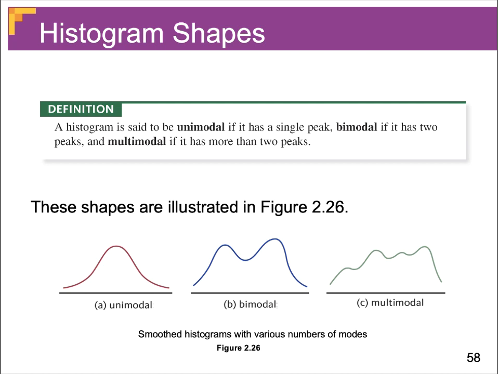Not that there aren't some very strong women and some not as strong men, because there will be, but you'll see the peak of the two groups in a combined data set. And then multimodal is where you have a lot of peaks. Those are a little bit harder to find in data sets that we'll be looking at, but they do occur.